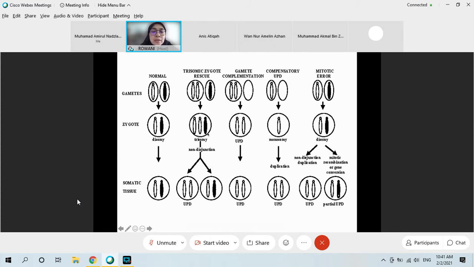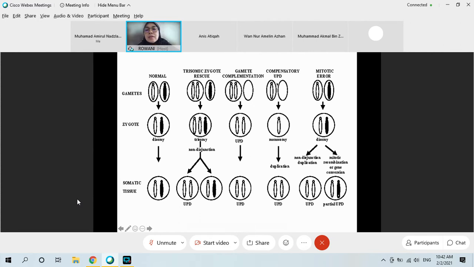Another way UPD can occur is if there is non-disjunction of both the mother's ovum and the father's sperm. The father's sperm does not contain any chromosomes, and the mother's ovum contains two instead. So at fertilization, there will be two sets of chromosomes, but both come from the mother.